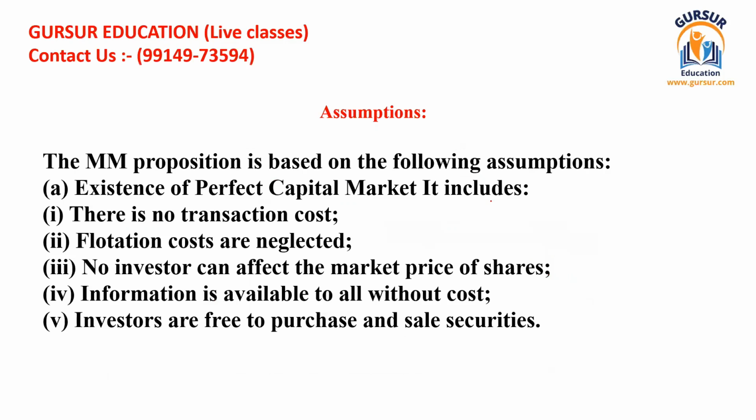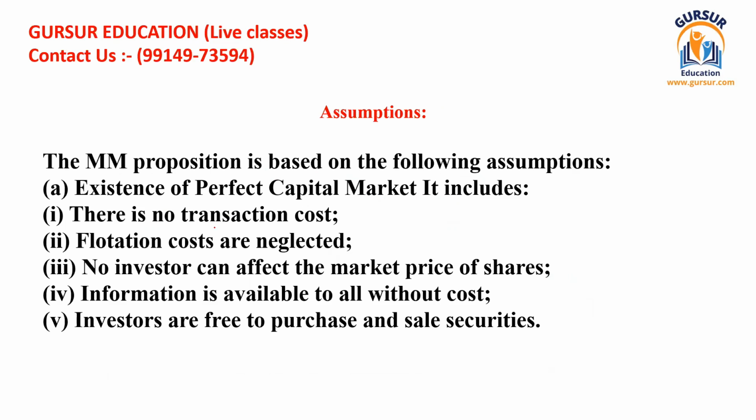So why does it happen? This happens on the basis of some assumptions which we have to study. Their proposition is based on the following assumptions. The first is existence of a perfect capital market. They assume that there is a perfect capital market.